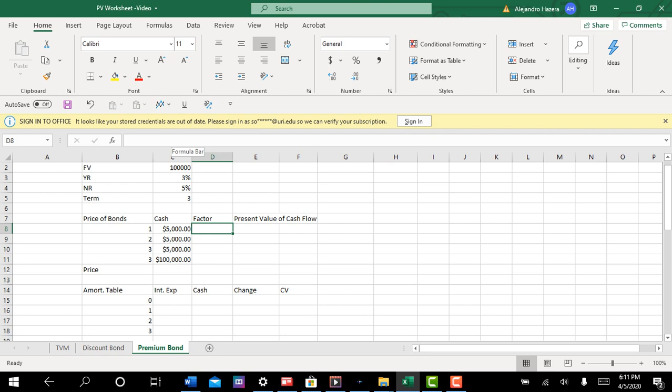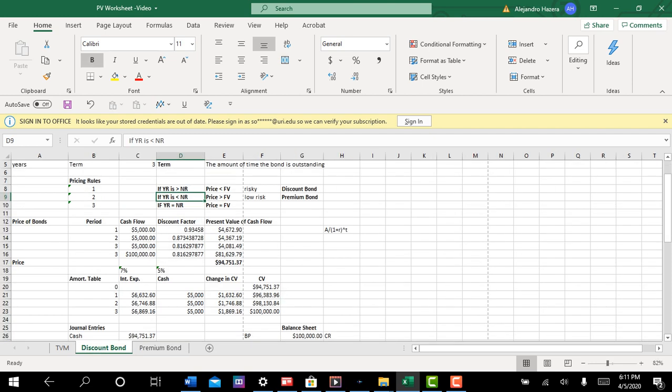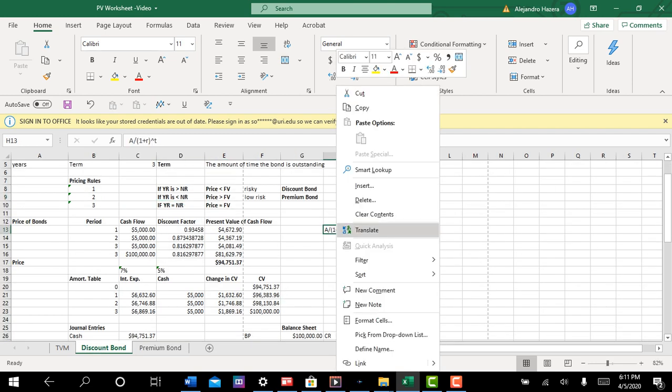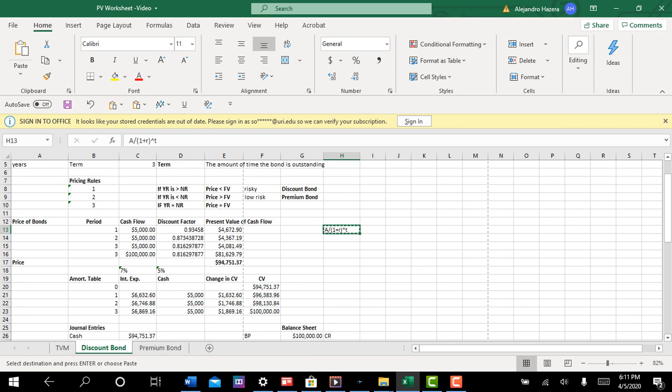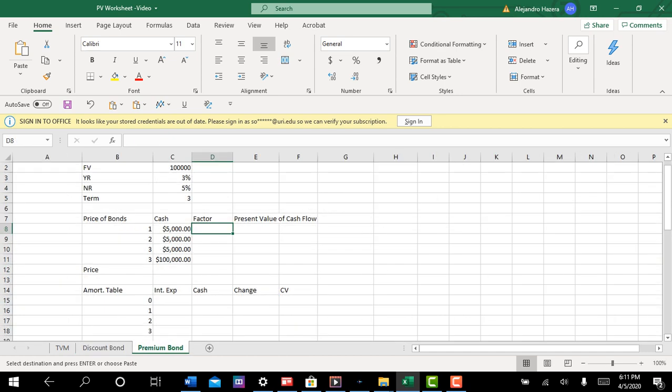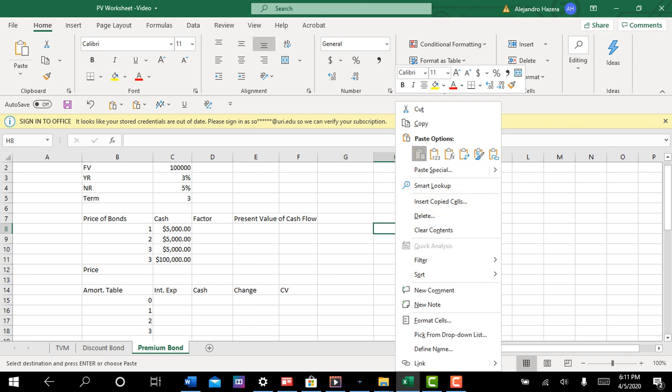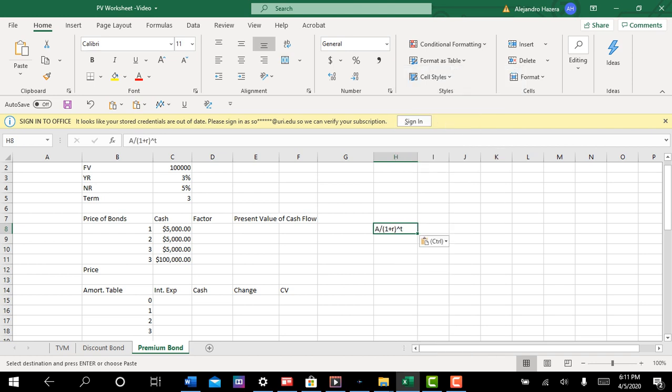So let's see what we get for our discount factors. The discount factor, like I said in the discount bond sheet, is based on our formula. We take 1 over 1 plus r raised to the t, and then we multiply times the cash.